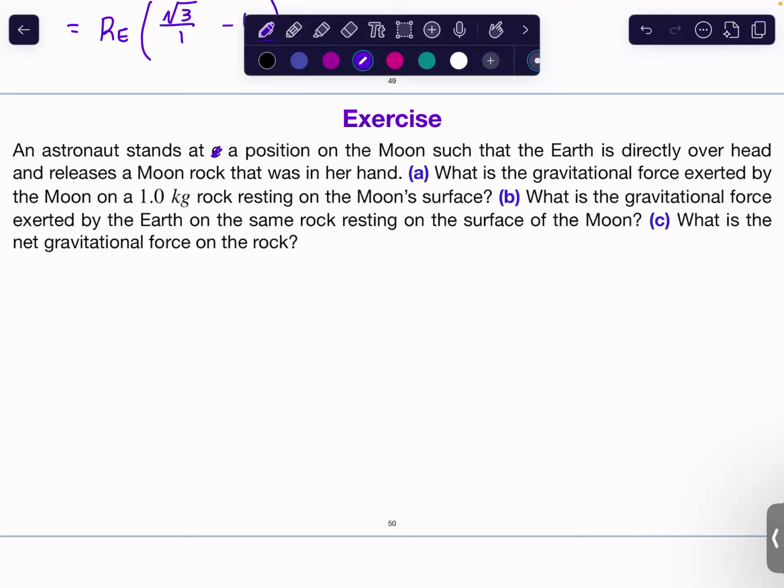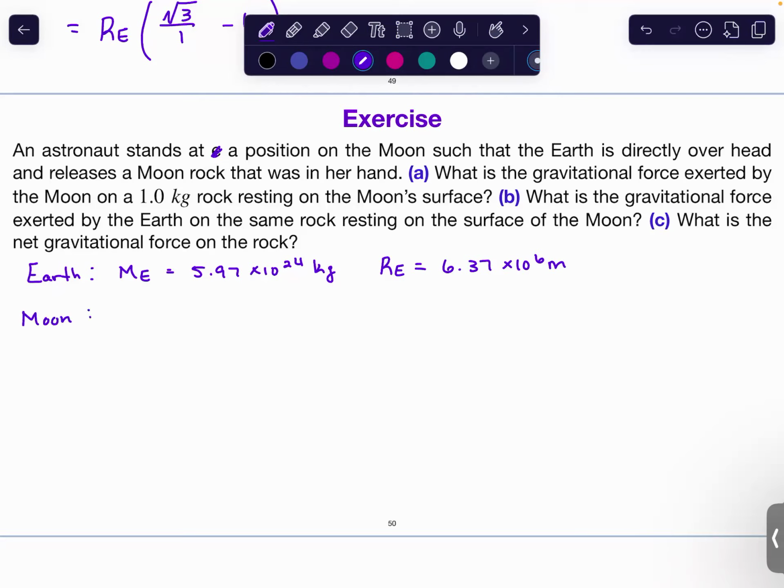Okay, so let's look up some numbers. You can find these on tables in most physics books. So let's see. The mass of the Earth is going to be 5.97 times 10 to the 24th kilograms. The radius of the Earth is going to be 6.37 times 10 to the 6th meters.